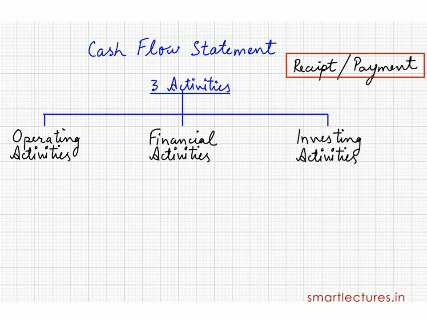And one thing more I would like to tell you, that all transactions fall in these categories. There is no any other activity that you will find, or you find any cash transaction that you are not able to find in which category it will fall. So very soon I'm going to explain you what are these activities and what are the transactions that fall in the category of different activities or groups.